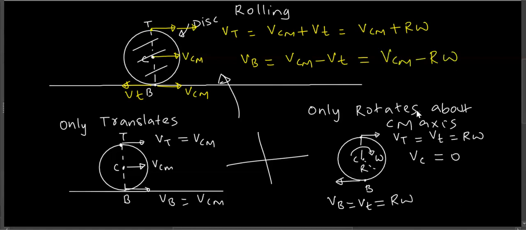My question was, if the points that are touching the ground don't slip, since we are saying rolling without slipping, can I say the velocity of the points that are touching the ground should be 0?